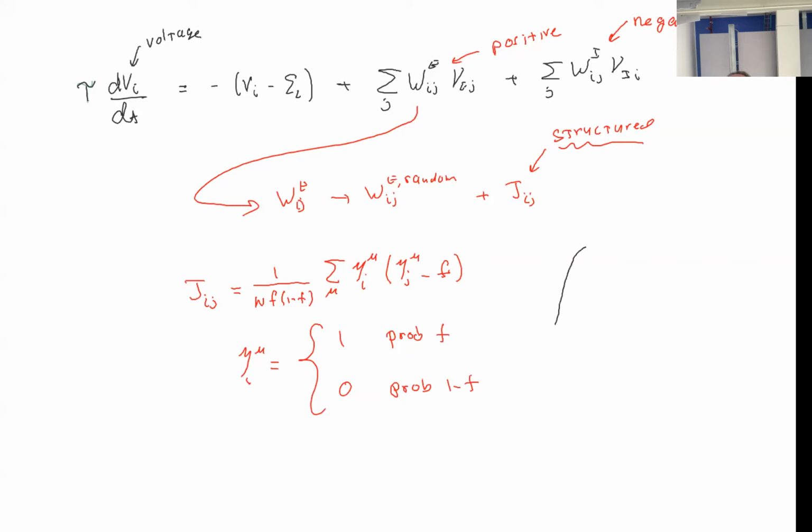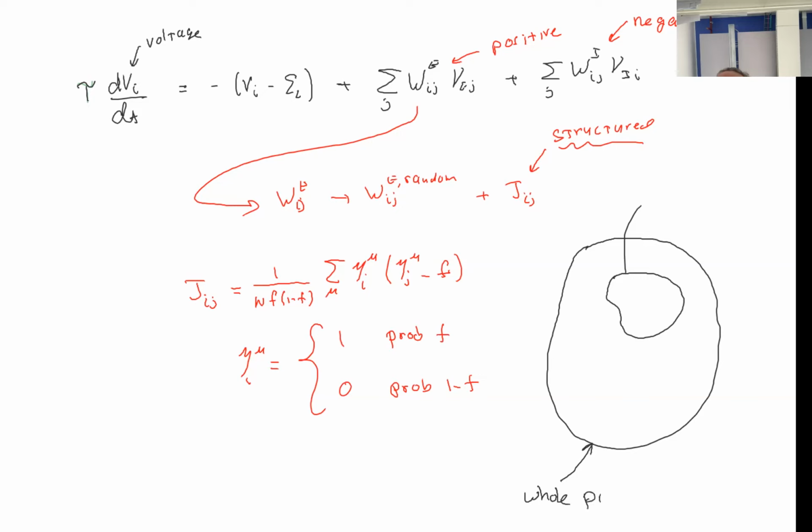For a particular mu, this is a fraction f of the neurons, out of our whole population. So f might be 10% or 20%; as we'll see, it can't be too small. All the neurons over here have eta_i^mu equal to 1.